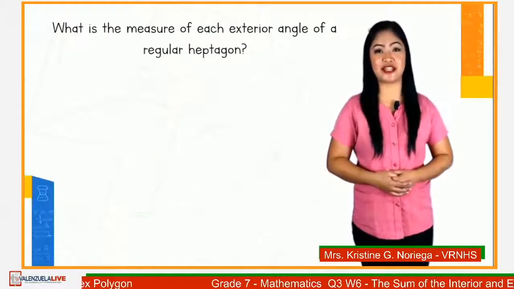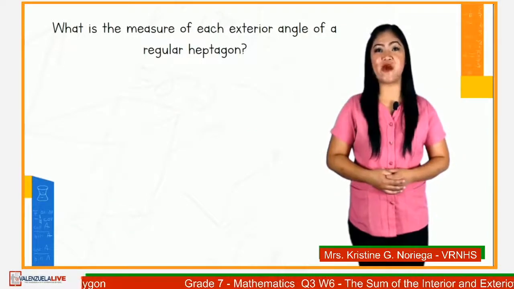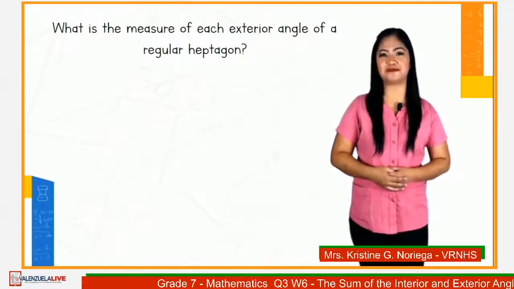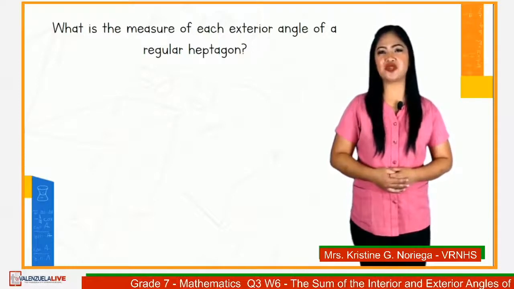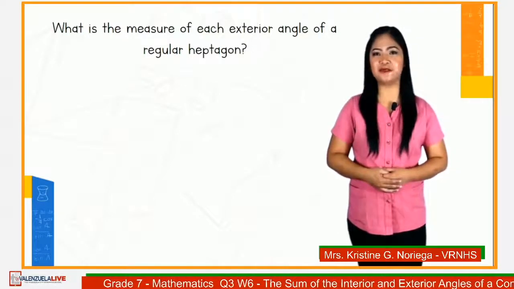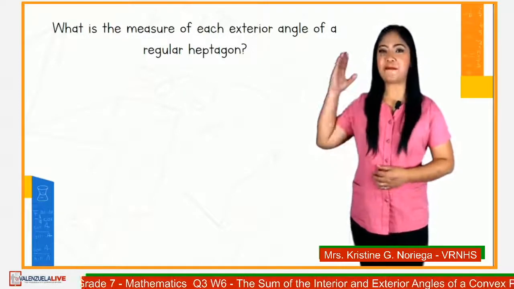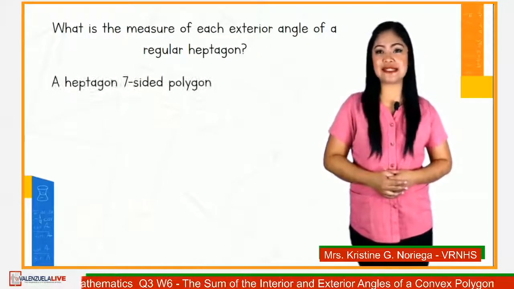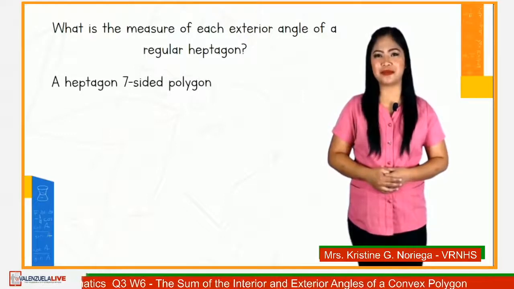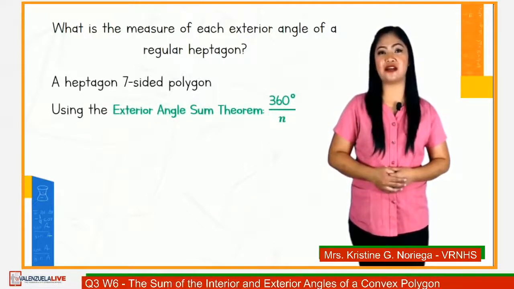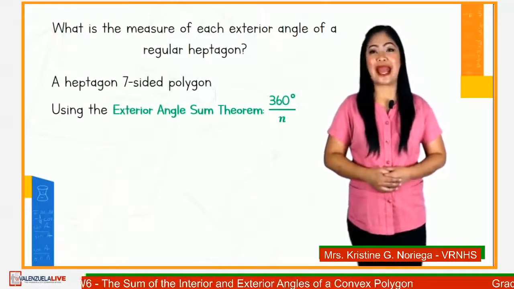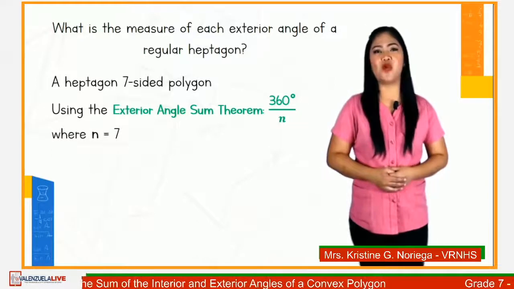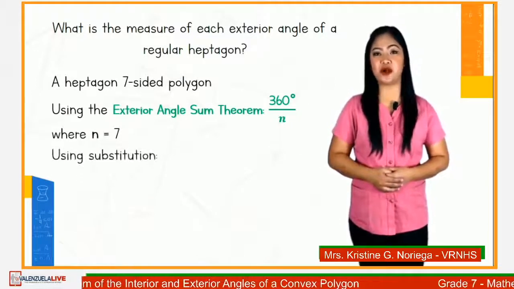See, it is very simple. Let us try once again for you to be familiar. What is the measure of each exterior angle in a regular heptagon? A heptagon is a 7-sided polygon. So using the exterior angle sum theorem, where n is equal to 7, we will substitute n to the formula.